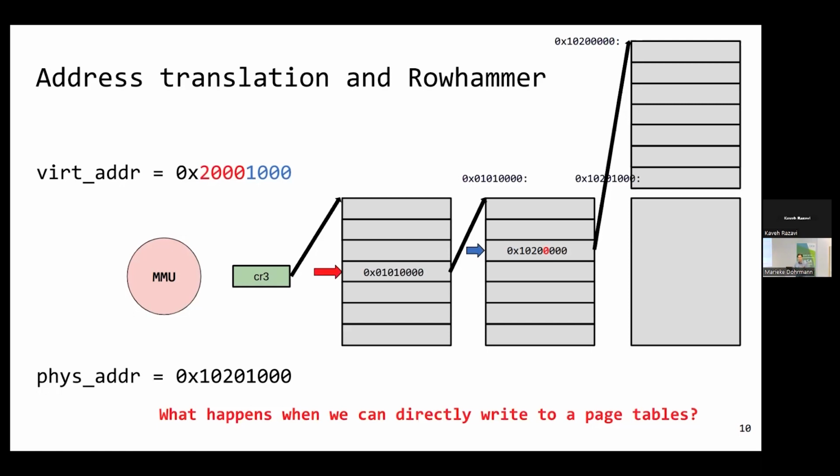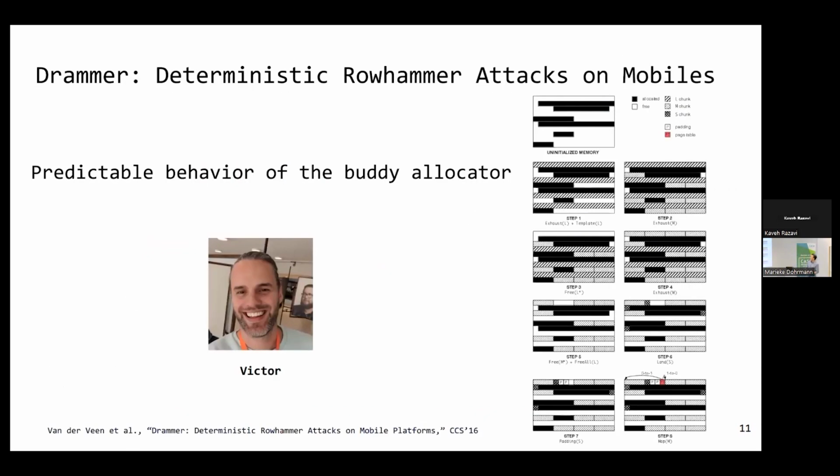Yes. Can you precisely control that? I mean, that's a very, very good question that I'm not going to answer in this lecture. And this is exactly what we did, trying to figure out how. So there is this low-level memory allocator in Android and Linux-based, and many other Unix-based operating systems, called the buddy allocator, right?